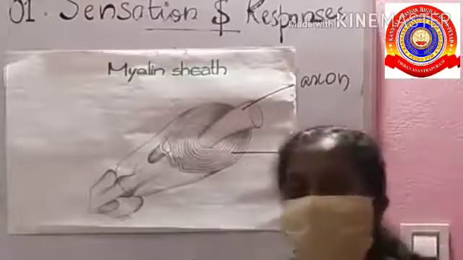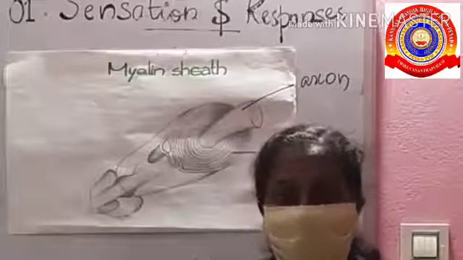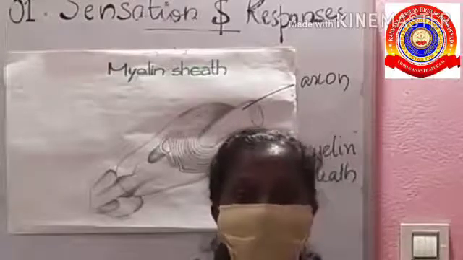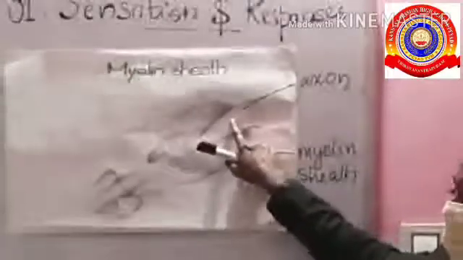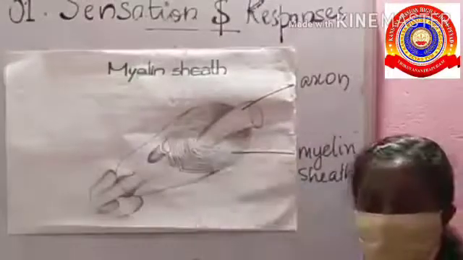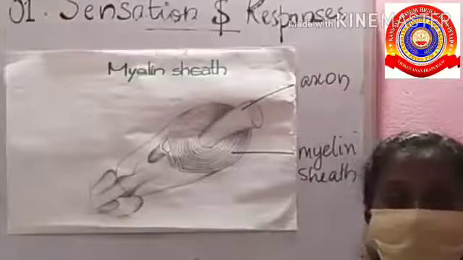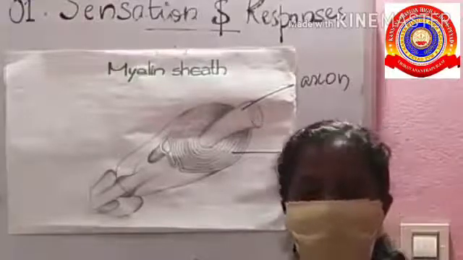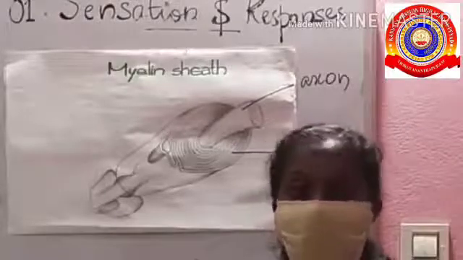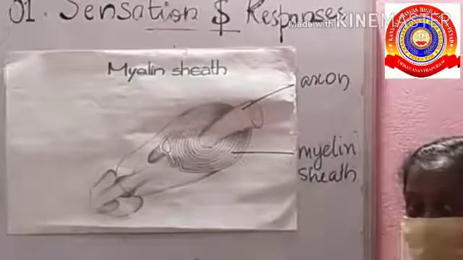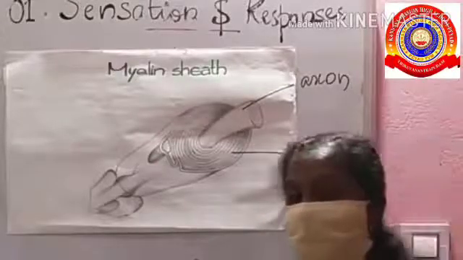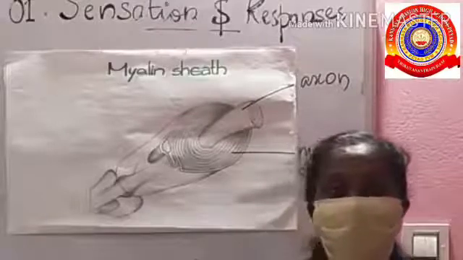The myelin sheath has 4 functions. One, it provides nutrients and oxygen to the tissues of the axon. Second, it accelerates impulses. Third, it acts as an electric insulator. Fourth, it protects from external shock.